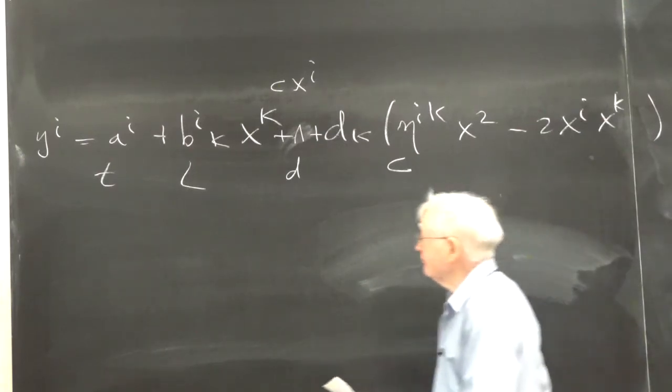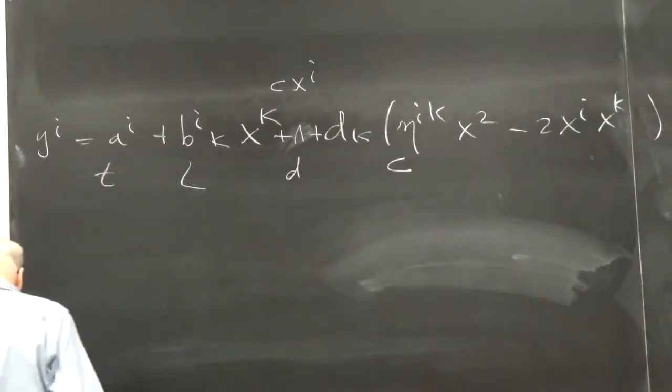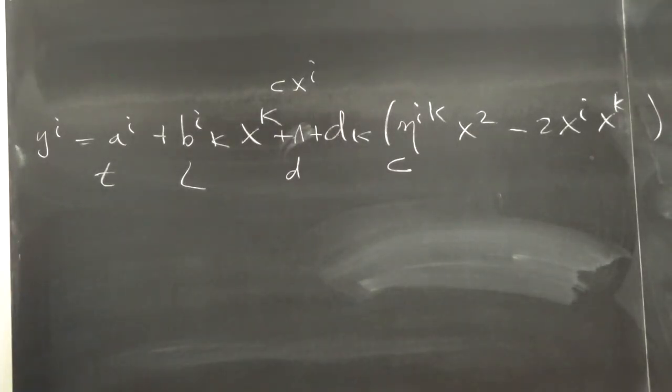So those are the most general Killing vector for the flat space conformal transformation.